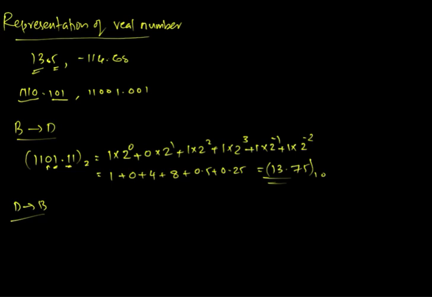That will give the binary equivalent of the integer part of the decimal number.